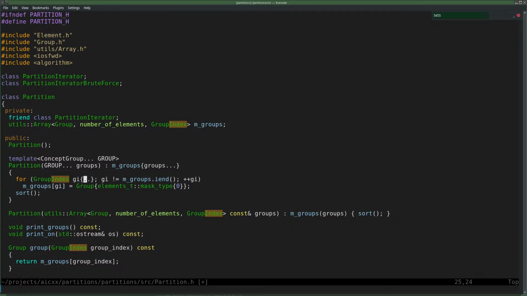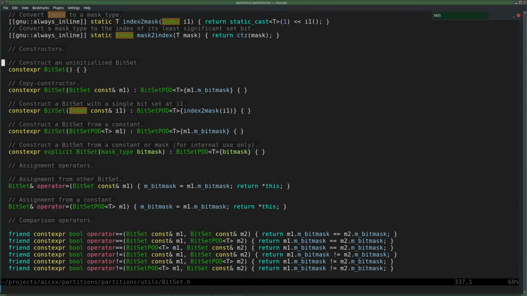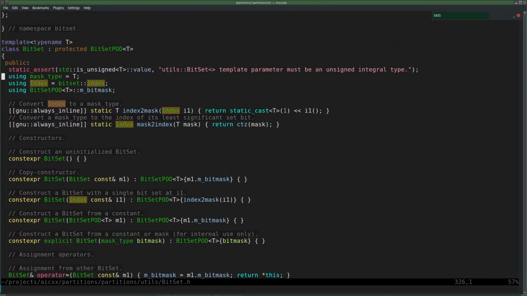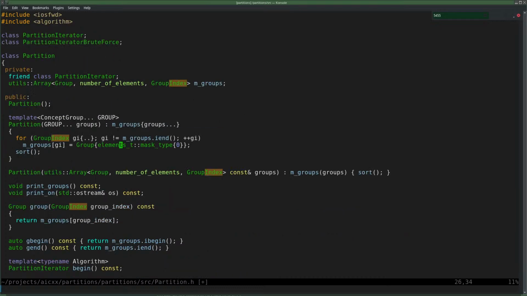Okay, I definitely did get confused here. Elements type is a bit set, and bit set has a mask type which is T, so that is the unsigned int, but okay, it's better this way. So elements type mask type is an unsigned int. We make that 0, and I can pass the mask type to the group.